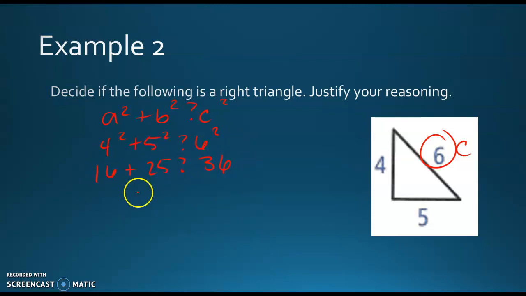I'm hoping you can look at this and say that we're going to get bigger than this. But if you can't, 16 plus 25 is 41, which is not equal to 36. Because they are not equal, it's a no, not a right triangle, because 4 squared plus 5 squared is greater than c squared, because 41 is bigger than 36. It's as simple as that.